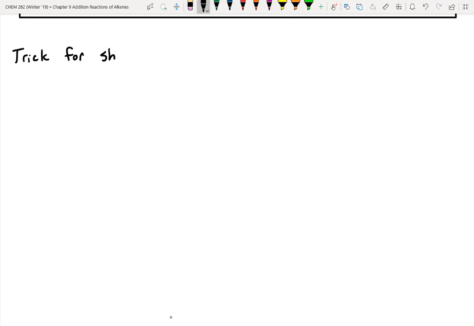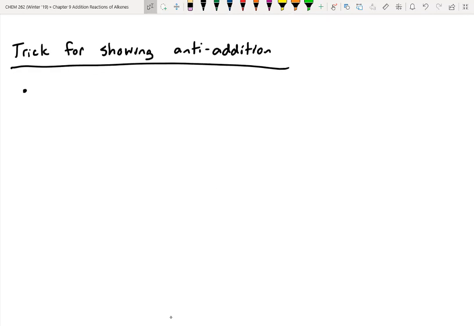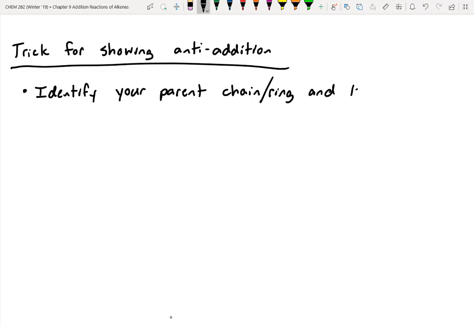So trick for showing anti-addition. All right, first thing you always want to do is identify your parent and keep that as is. And then we'll go through a few examples. So your parent could either be the longest chain or it could be your longest ring, but keep that as is.